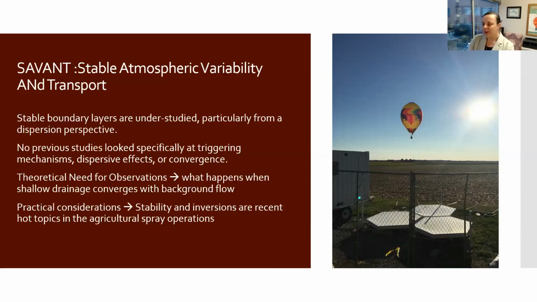Most of the previous studies have not looked specifically at triggering mechanisms for different phenomena that can occur in the stable boundary layer, or dispersive effects, or convergence, which I'm going to talk more about. So we really saw that there was a theoretical need for observations, and we're looking at what happens when shallow drainage converges with background flow.